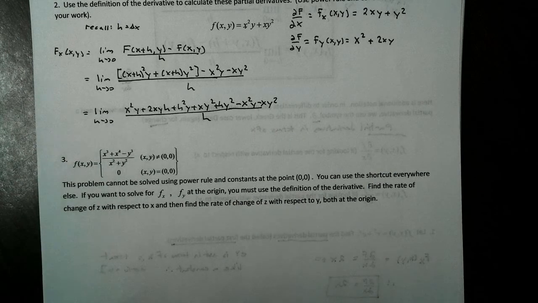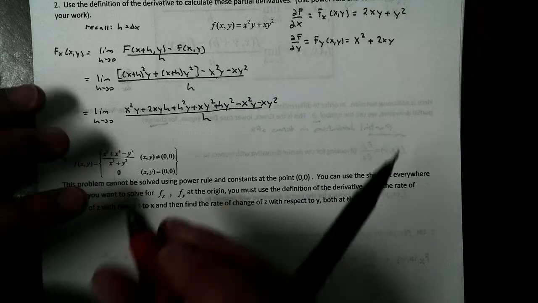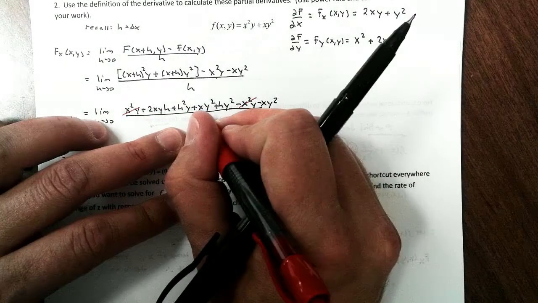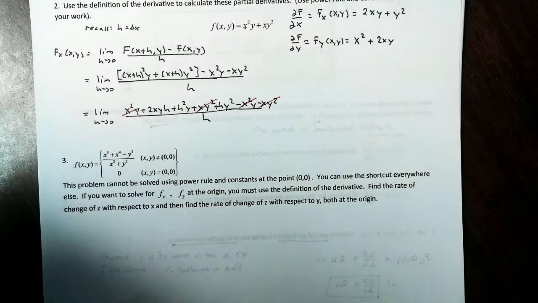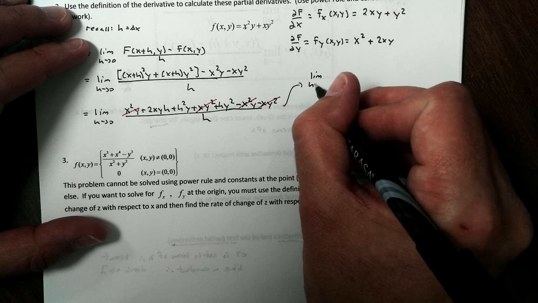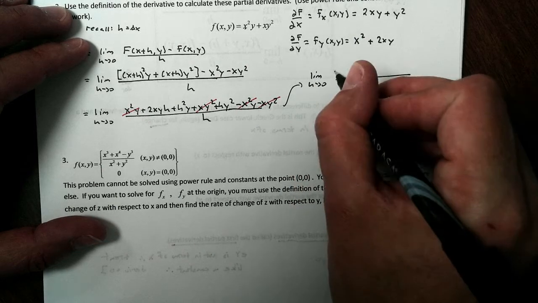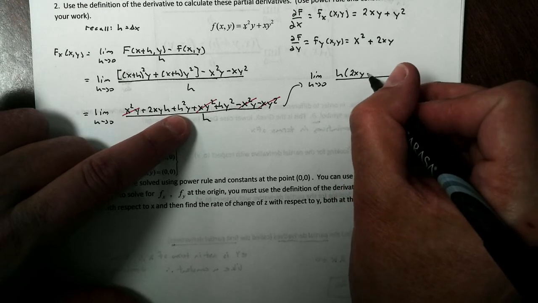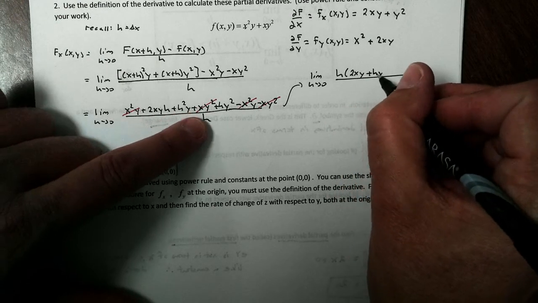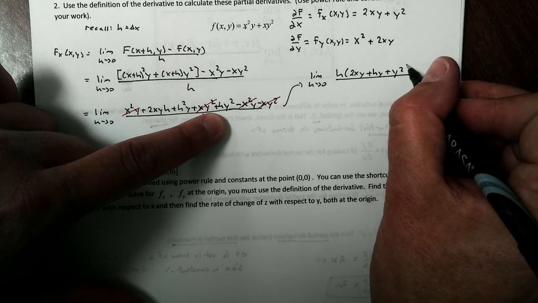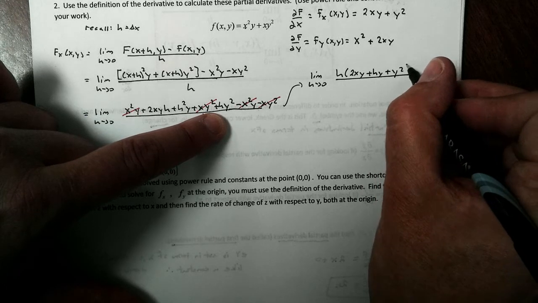But not to worry. Just like last year, anything that does not have an h in it better cancel: x squared y, xy squared. And out of everything else, I can factor out an h. So the limit as h goes to 0, factor out that h, you're going to get 2xy plus hy plus y squared over h.